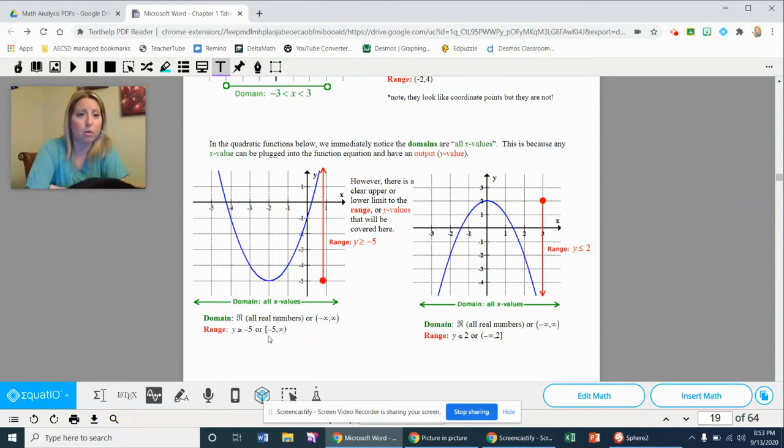If you're talking about interval notation with a single inequality like this, whichever end is the infinity has an open parenthesis on it. So in the case of y is greater than or equal to -5, -5 is the lowest number. So that goes to the left and has that bracket because we can be equal to -5.